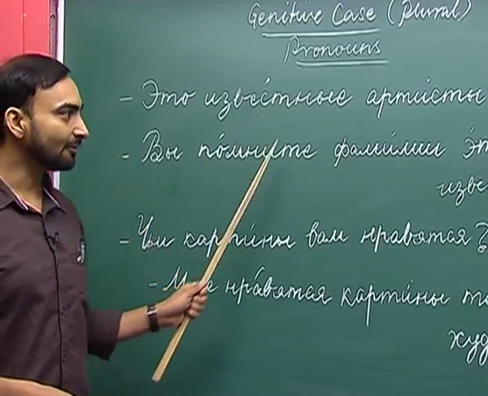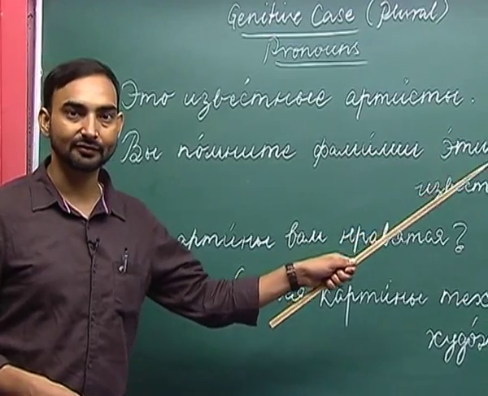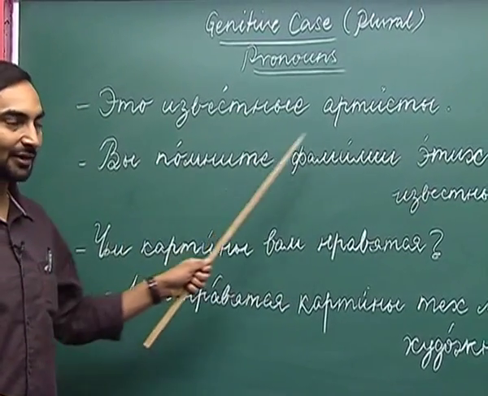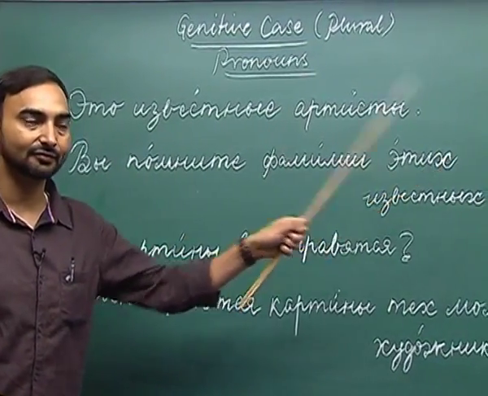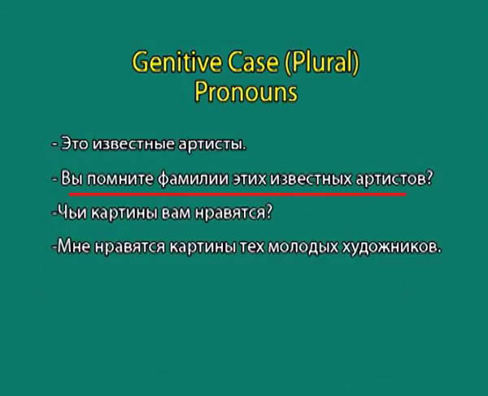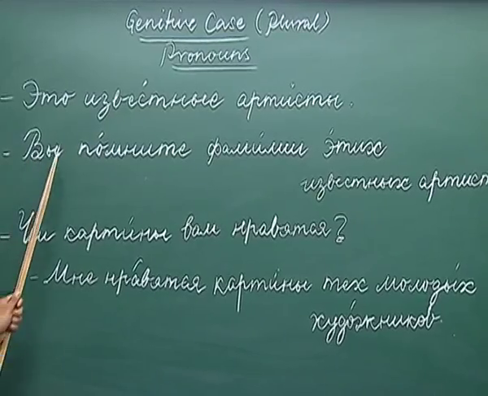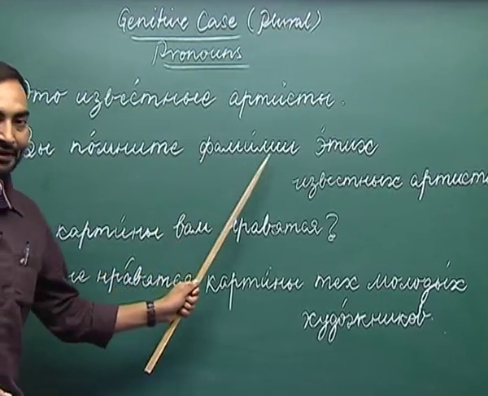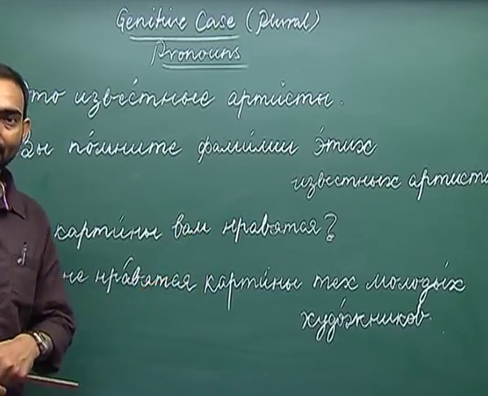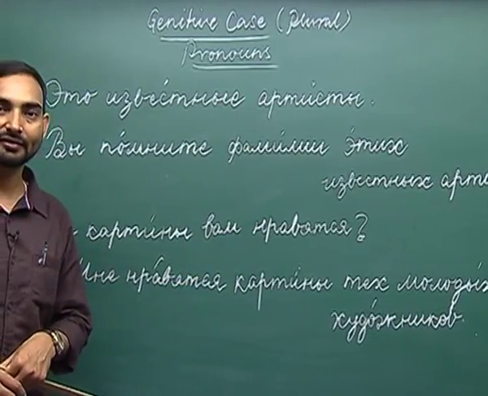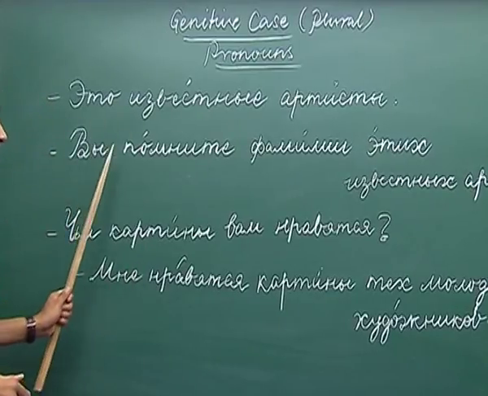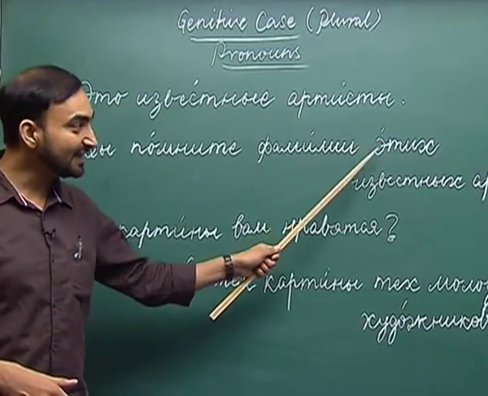Вы помните фамилии этих известных артистов? Помнить, I hope you remember this verb. Помнить is to remember. Do you remember? Фамилия we have discussed in the previous lesson. Фамилия is surname. Do you remember the surnames of these?